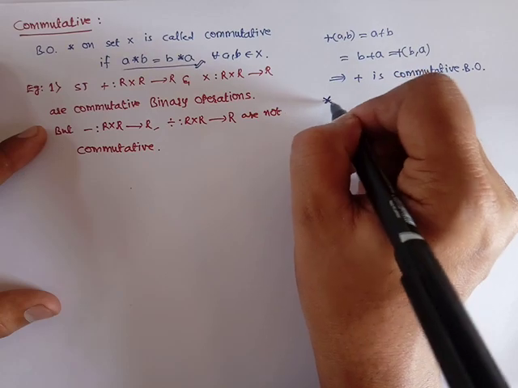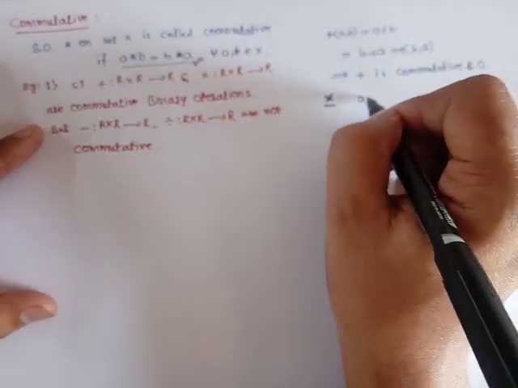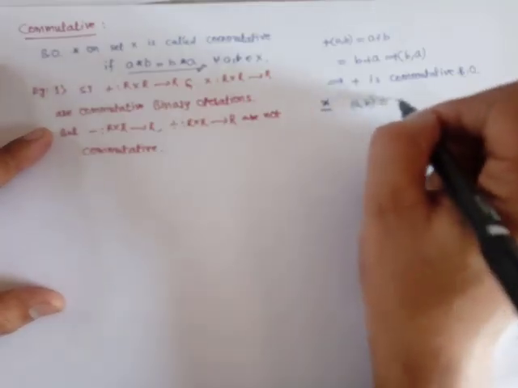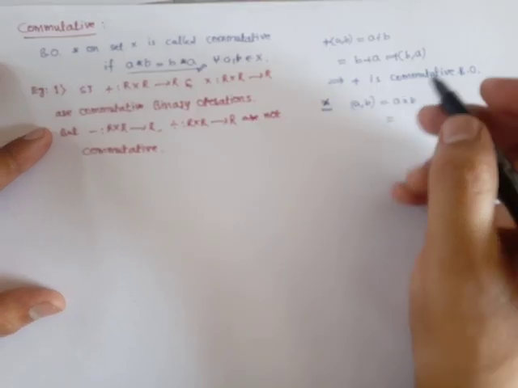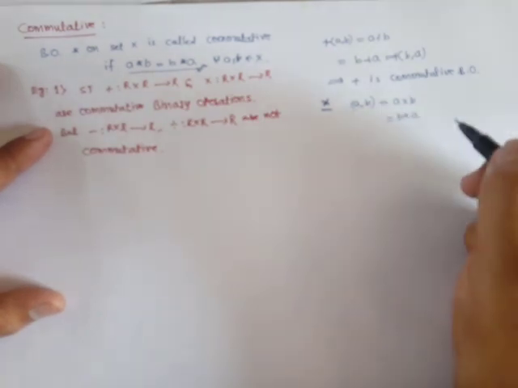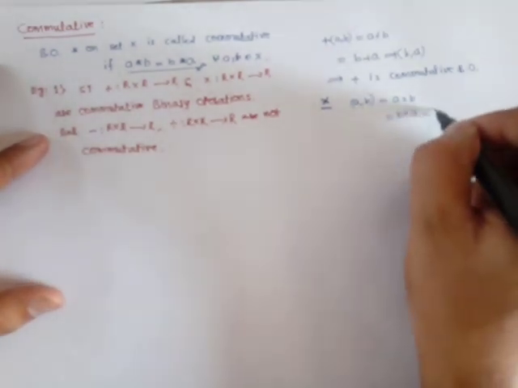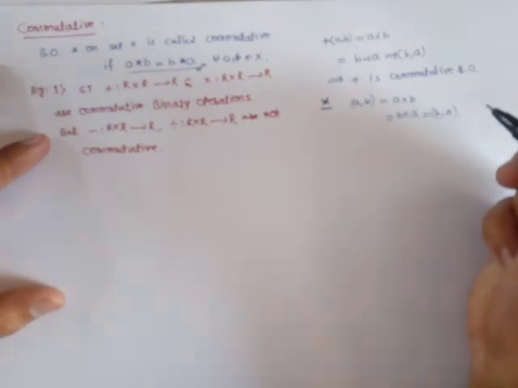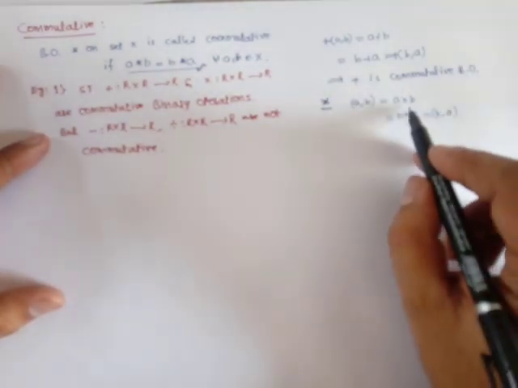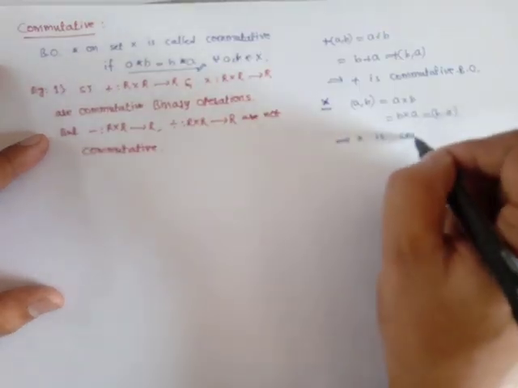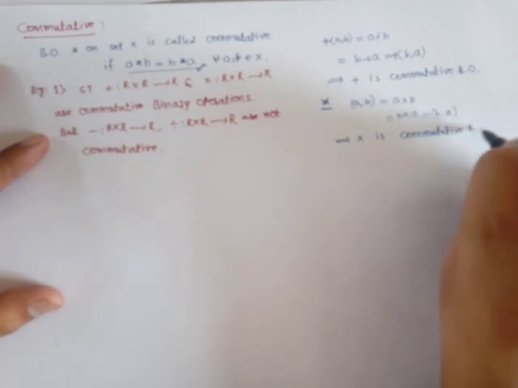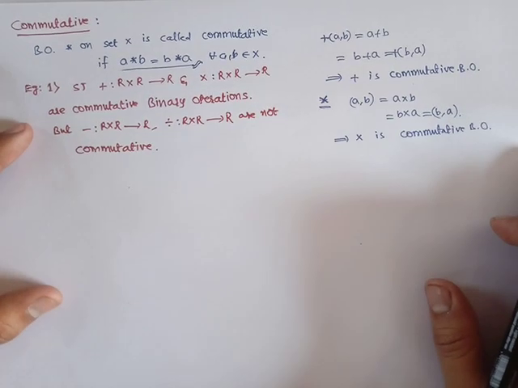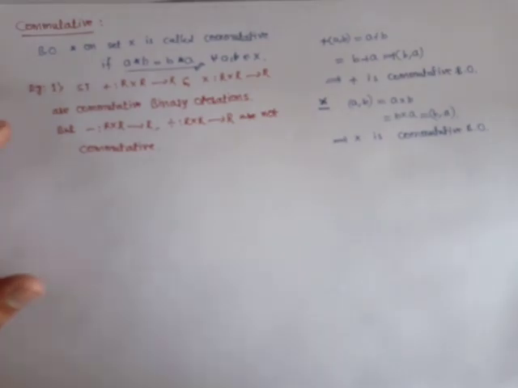So multiplication of a comma b can be taken as a into b. A into b can be taken as b into a. So ab is equal to ba, and it can be written as b comma a. Then a comma b is equal to b comma a. This implies multiplication is also a commutative binary operation.